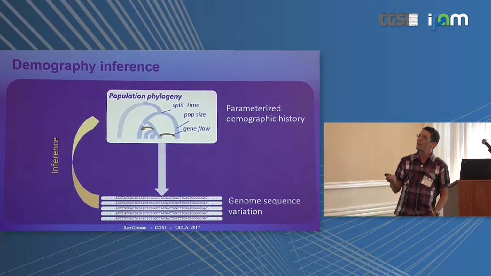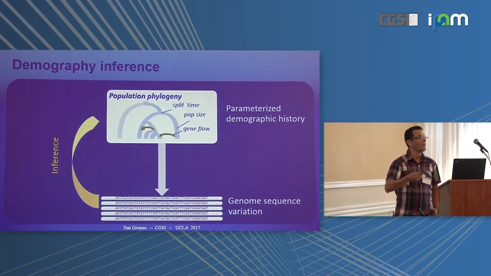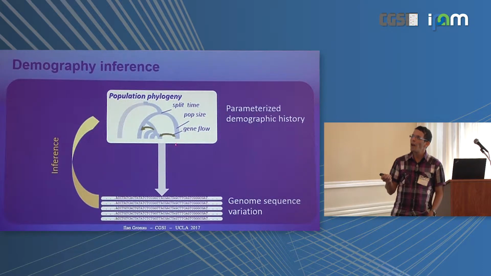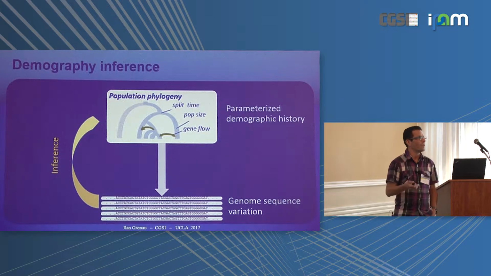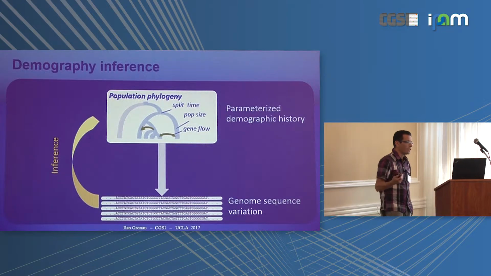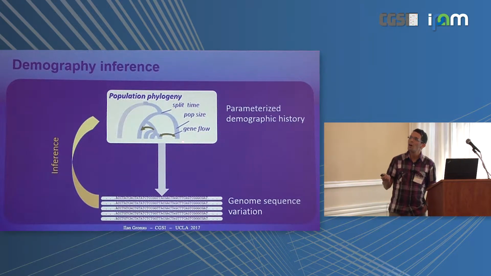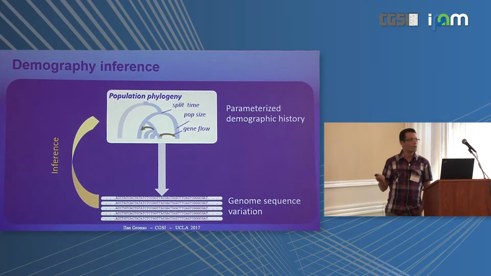A demographic model for me is this tree where each internal node is associated with a time at which that split event happened, and each branch of the population phylogeny I'm going to associate with a typical effective size that represents the genetic diversity during that period of time, and I'm going to have rates of gene flow between populations.